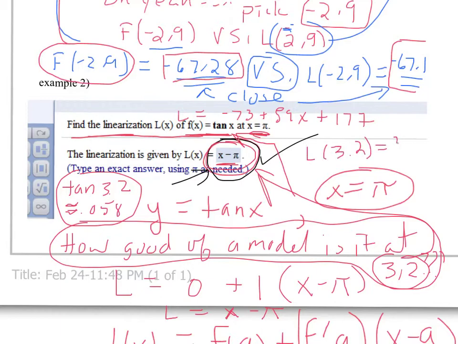Well, that's just going to be 3.2 minus pi. Look at that. Oh my goodness, it's almost exact. It's 0.0584073. That is amazing. You have to check that out on your calculator. They match up real close to like 4 decimals. So as long as you stay near pi, tangent behaves like x minus pi. That's the best way I can say that. Okay, good luck out there.